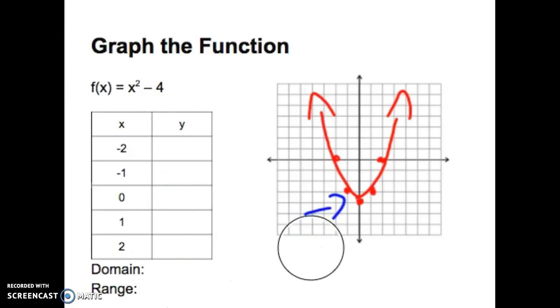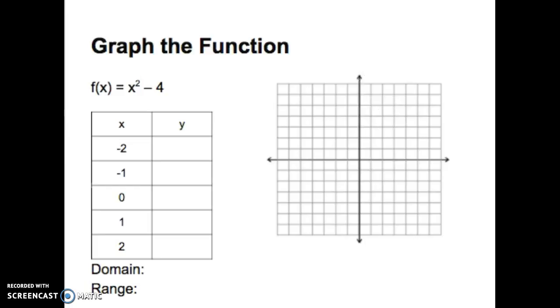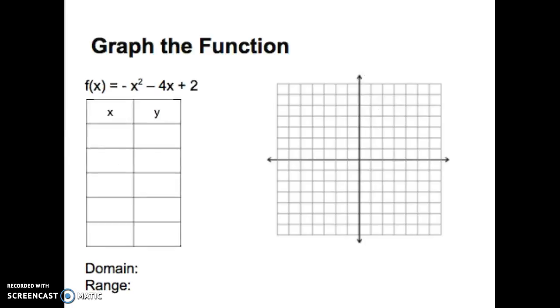Let's go to our final example, and for this example, we don't have our XY chart all set up. What we need to do now is remember how to find the vertex of a parabola.